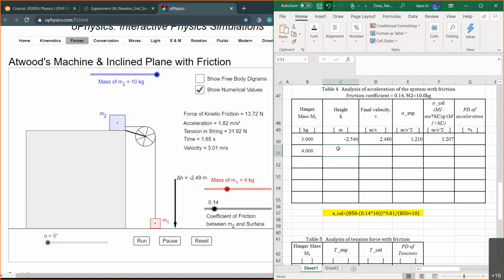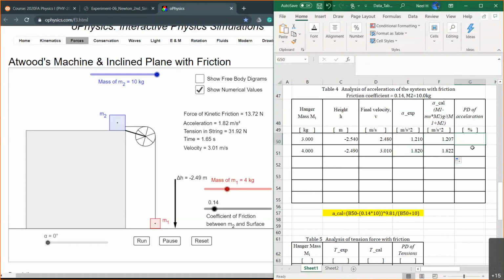Okay, height is now negative 2.49 and the final velocity is 3.01, and I'm just writing down those numbers directly. We did that calculation earlier, nothing changes. 1.82. Acceleration is slowly increasing because mass is slowly increasing. Acceleration calculated, you can click and drag. Then check these two numbers; they should be exactly the same or close to similar values.